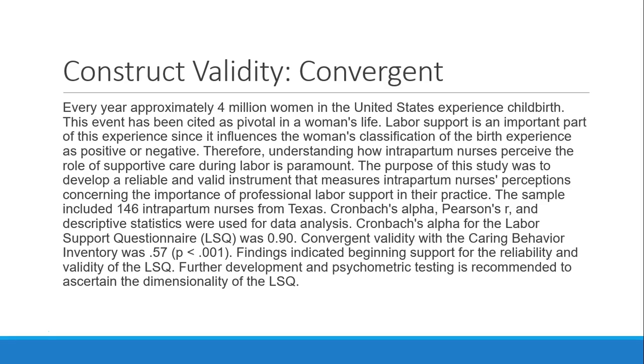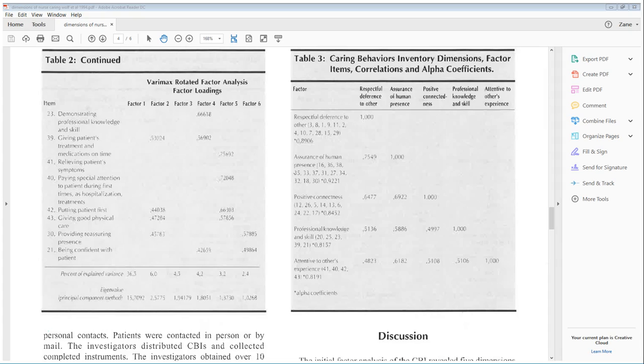Here's an example from a screenshot of the article on the Caring Behaviors Inventory 42, published in Image, the Journal of Nursing Scholarship, where you can see that a Varimax factor analysis was run, and the factors are listed on the horizontal, and you can see where the factors fell out.